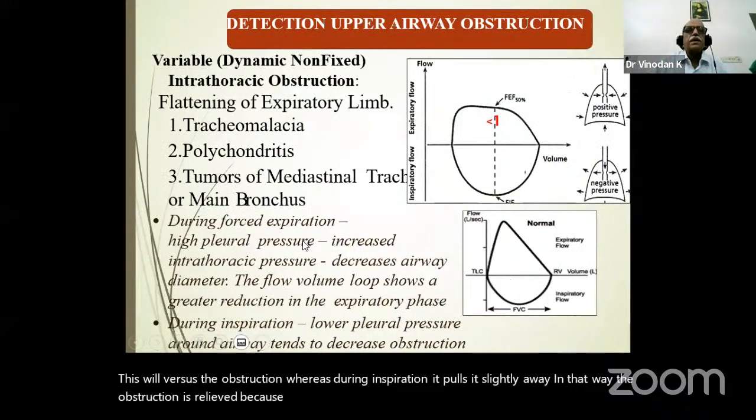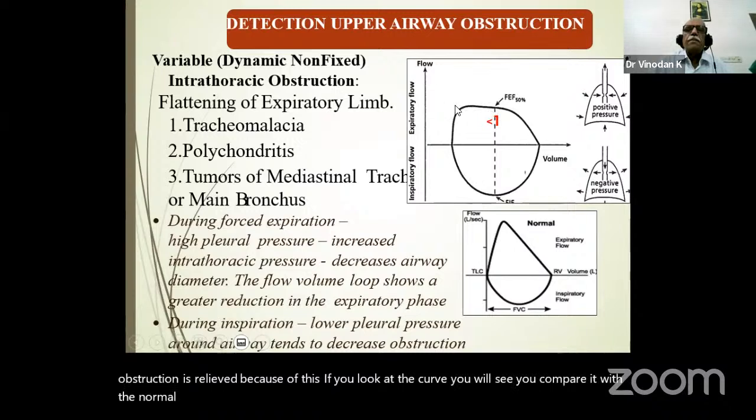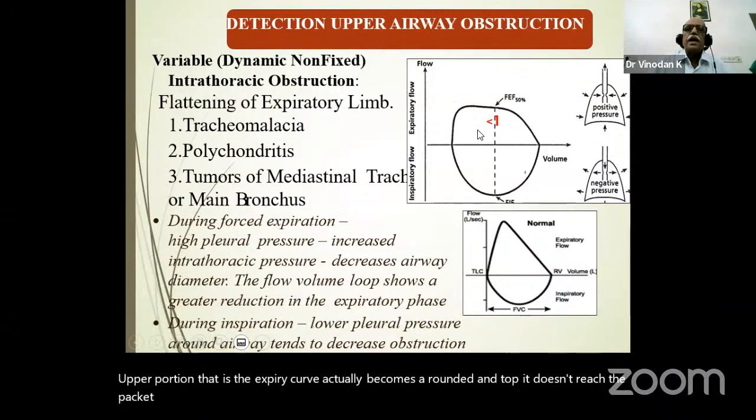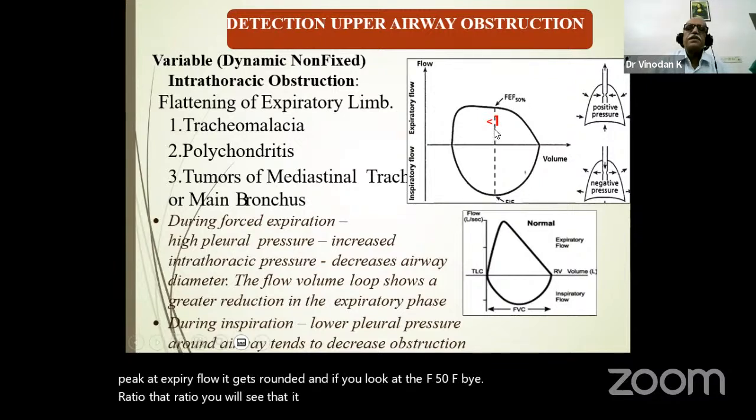Because of this, if you look at the curve and compare it with the normal, the upper portion, that is the expiratory curve, becomes rounded at the top. It doesn't reach the peak expiratory flow. And if you look at the FEF 50 to FIF 50 ratio, you will see that it becomes much less than 0.8 or 0.9, which is normal.